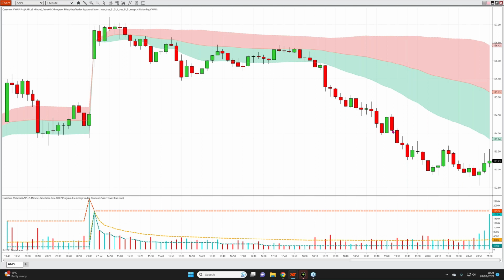Now, you could almost look at this in another way as well. If we were looking at it purely from the perspective of the VWAP here, we're breaking away. But of course, you'd also be looking at it in the context of support and resistance. So this might be your area where you're comfortable. We've broken below that price level there. You might have the VPOC working in association with this.